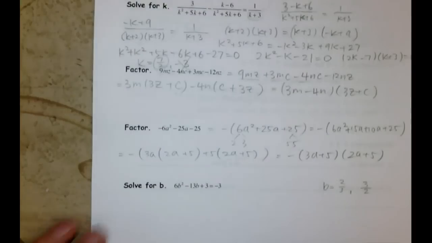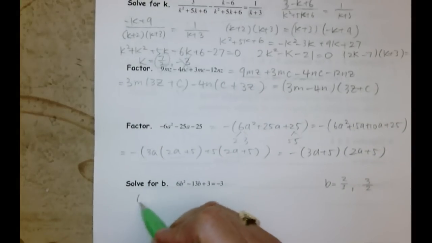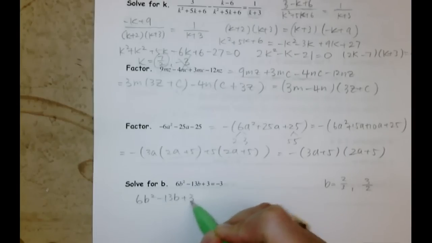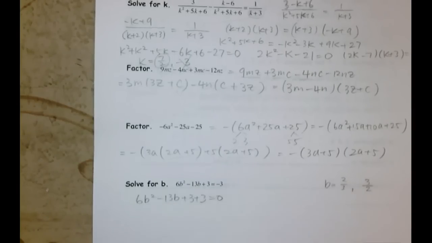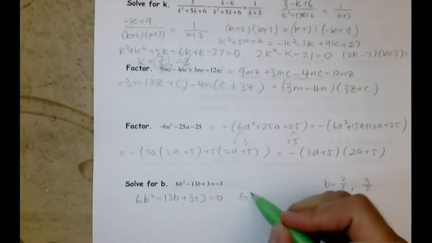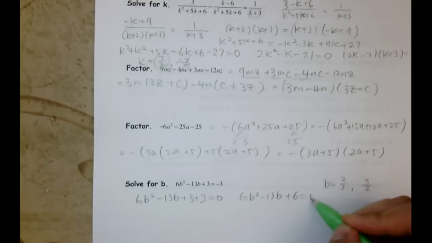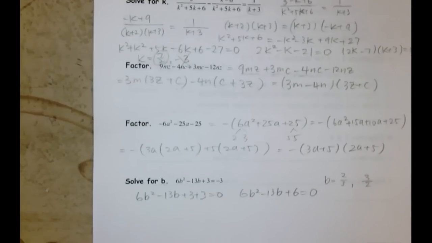Okay, all right, this one. 6b squared minus 13b plus 6 equals 0. Now factor and solve.